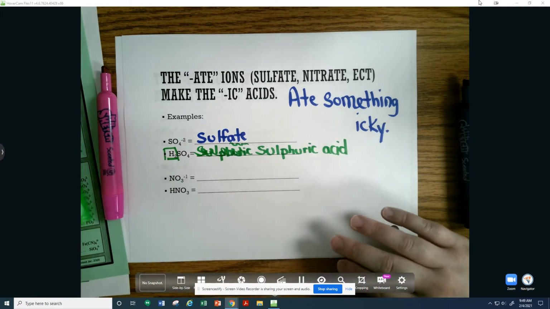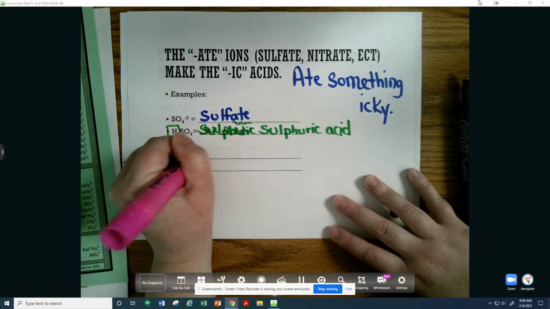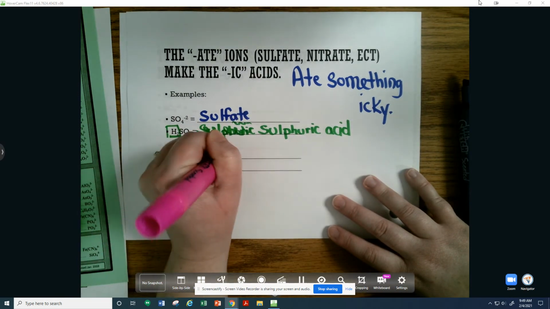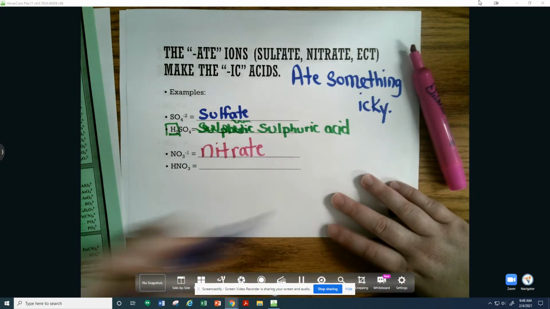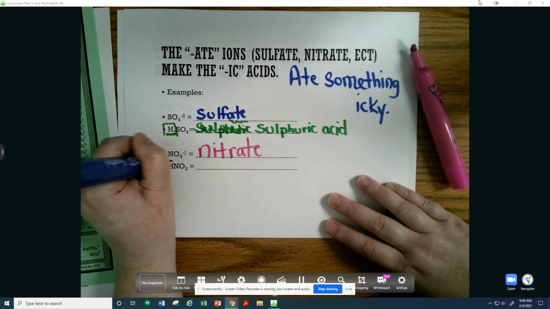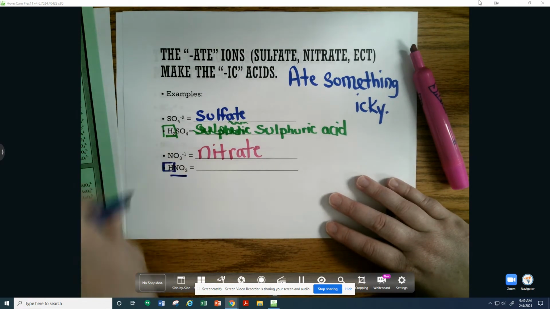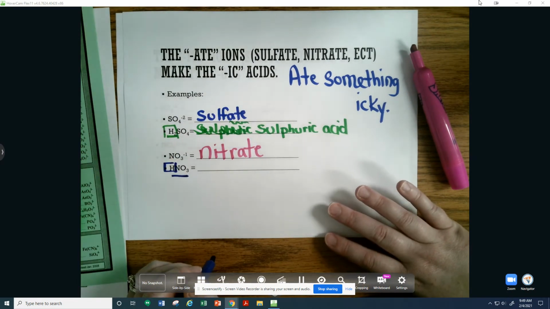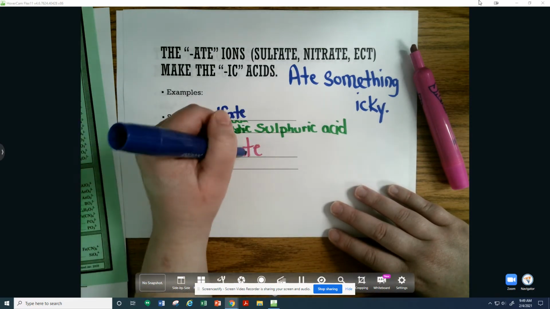On the next one, we have the polyatomic NO3. NO3 is the nitrate polyatomic. So when I look at this, I can see that I have hydrogen, so I can recognize that it's an acid. The next thing is I see that NO3 polyatomic, so I have to figure out what my polyatomic name is. It's nitrate.